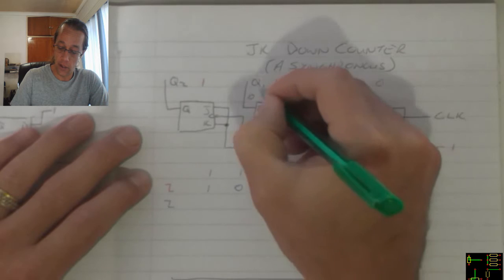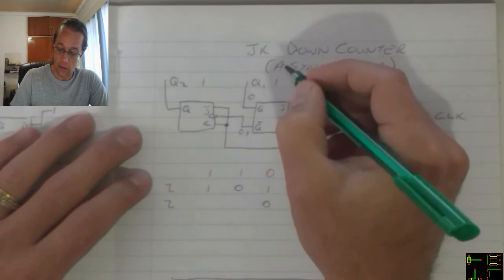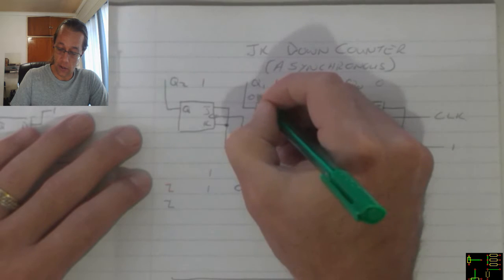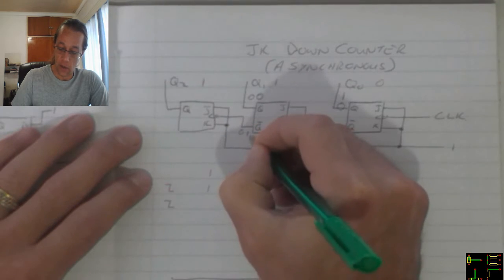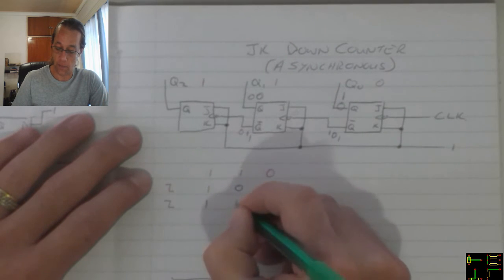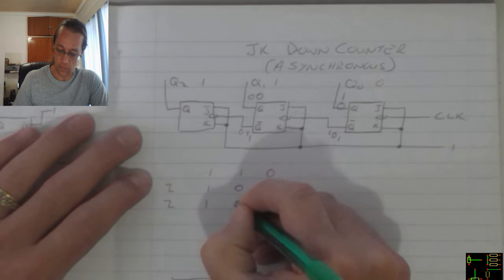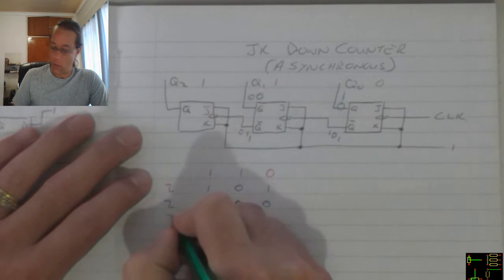So this JK is going to stay the same. That one's going to stay the same, which in turn means that one's also going to stay the same. There we go.